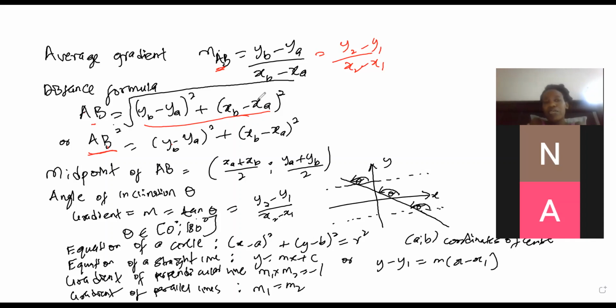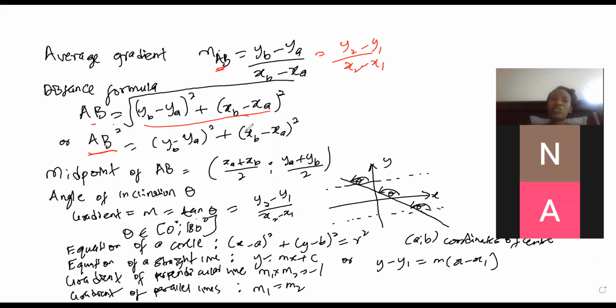Then we've got a midpoint. Midpoint of a certain line will be the average. So it will be the first x coordinate plus the next x coordinate divided by 2.